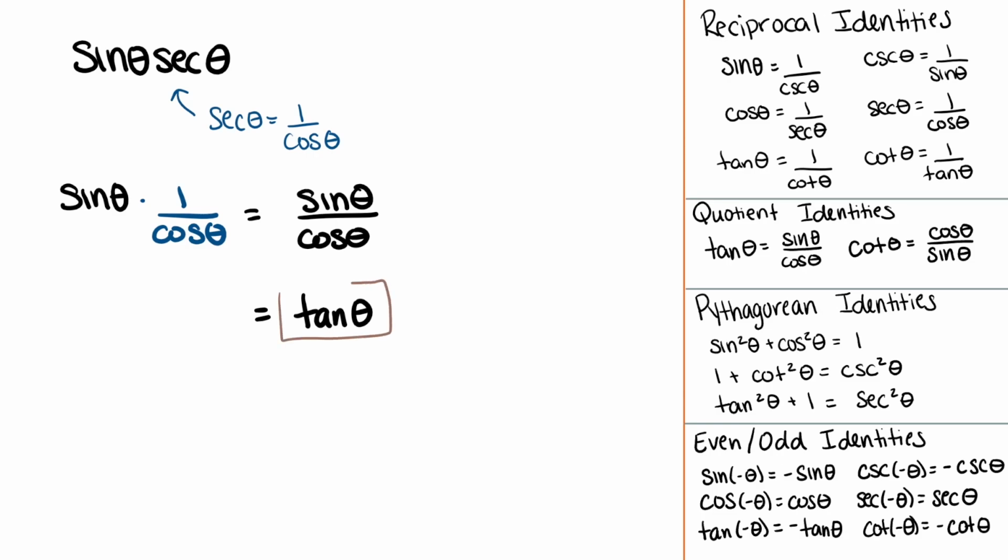And if we remember our reciprocal identities, that means this is equal to tangent of theta. And we've simplified this. So whenever we are simplifying our trig expression, we want to get it to the simplest form possible, usually only involving one trig function.